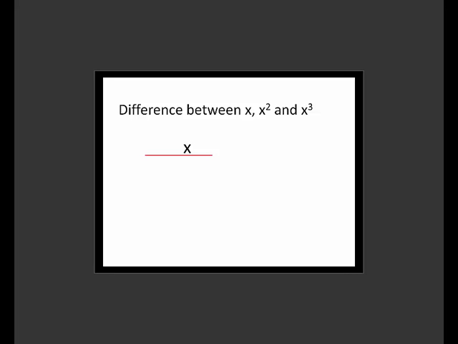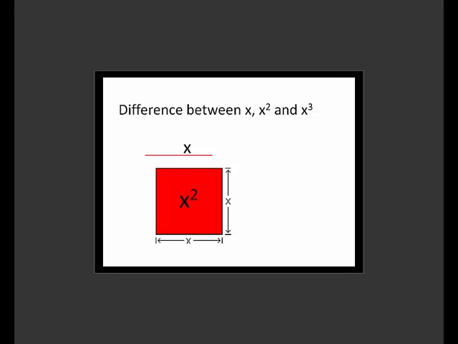Now, if I take that length and multiply it by a width of the same measurement, I'm going to get a square. And what's the space inside that square? The area is x times x, which is x to the second power. Now, x to the second power often has a nickname, x squared, and often anything to the second power is squared.